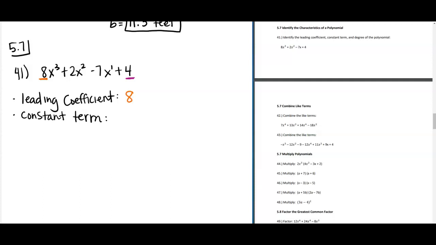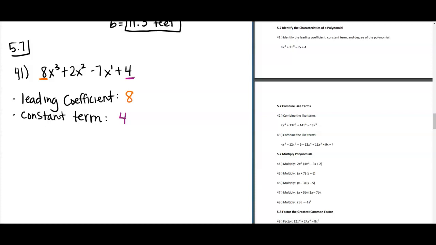It depends on what x is and what we multiply that together. But 4 stays constant because it doesn't have a variable next to it. So our constant term is just 4. And if that said a negative in front of it, then our constant term would be a negative 4. Whatever sign is out in front of it sticks with it.